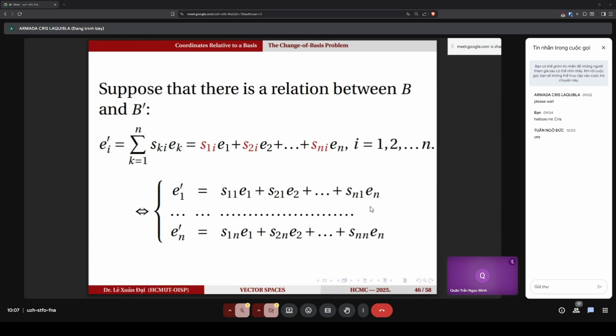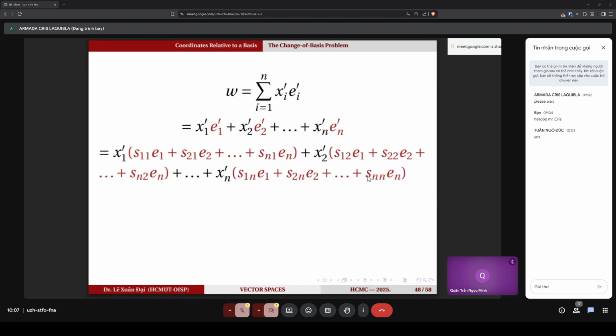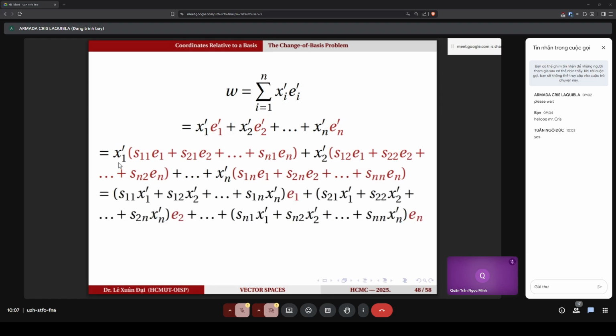This is your e1 prime and this is your en prime. You substitute it there. After that, you multiply this by x1 prime, this one also x1 prime, and this one x1 prime. Here x2 prime, here you distribute, and here also xn prime, and xn prime here also.